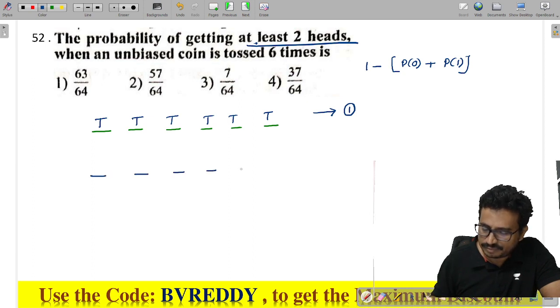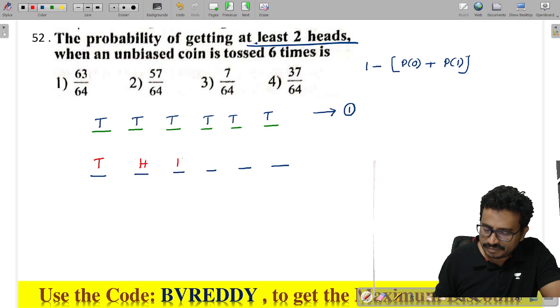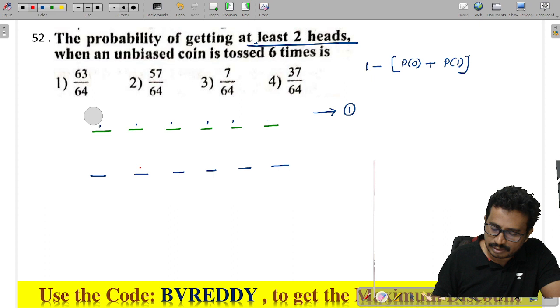Next, 1 tail means... sorry, here we are doing the heads now, not tails. Here they are asking for the heads, right? So if I say all heads, how many combinations?